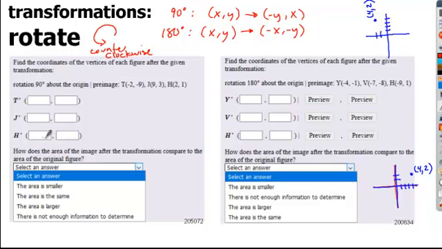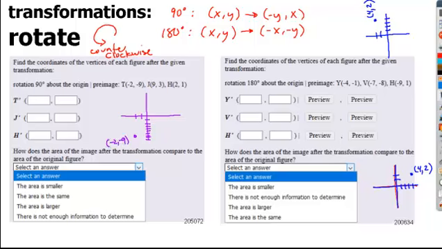Okay, so what that means is if I take a look at this problem right here, a rotation of 90 degrees. The first thing I'm going to do is sketch point T, -2, -9. So let's say that gets sketched right here. So -2, -9. I'm going to label it.